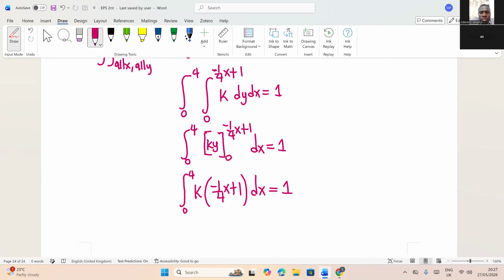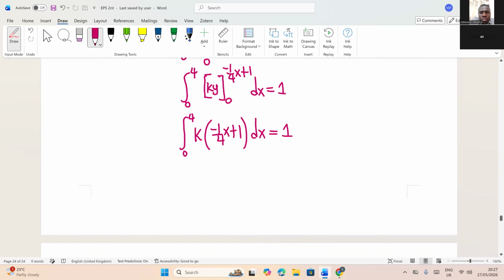Then I integrate: we shall have k times negative a quarter times x squared over 2, plus x, from 0 to 4, equals 1.